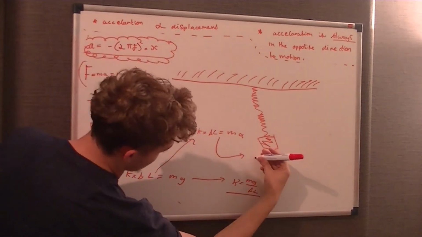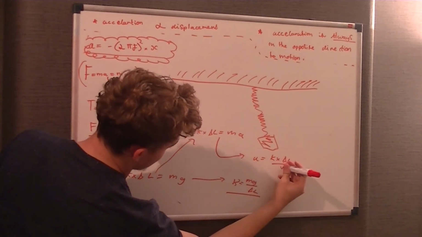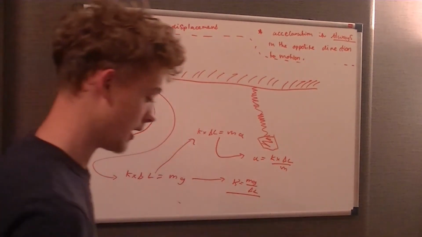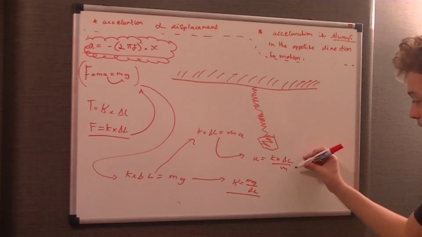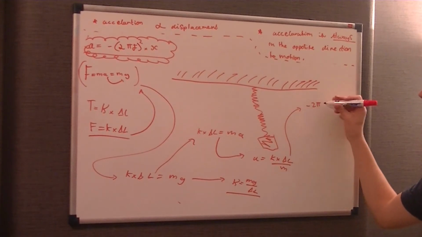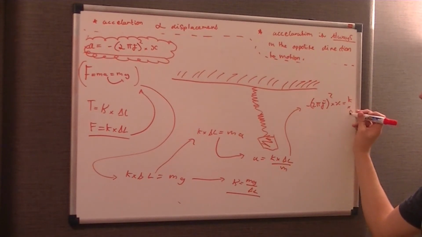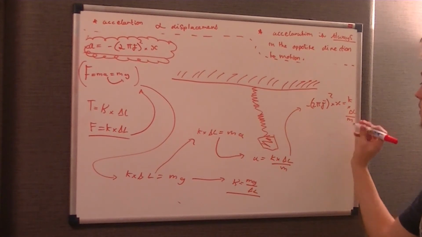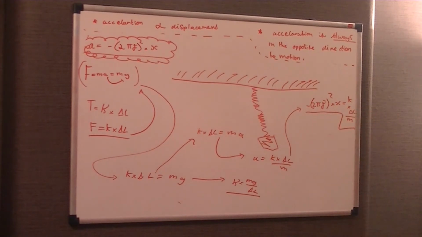A would equal K times delta L over m, and then substitute our idea of the acceleration, which is minus 2 pi frequency squared times the displacement, into A. So that's minus 2 pi frequency squared times x equals K times delta L over the mass. Okay, so that's basically just adding together a few laws that we should already know.